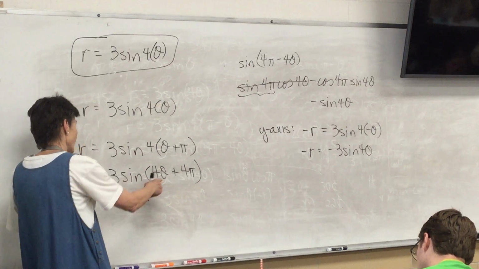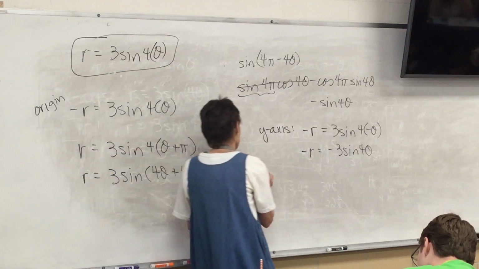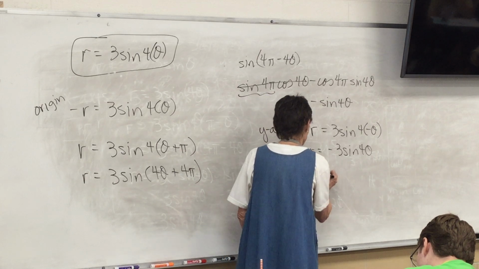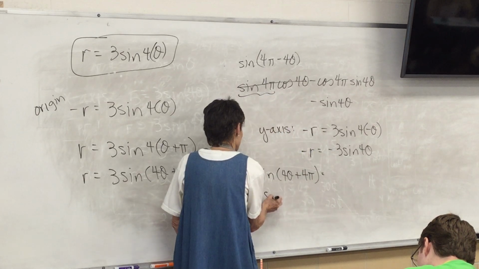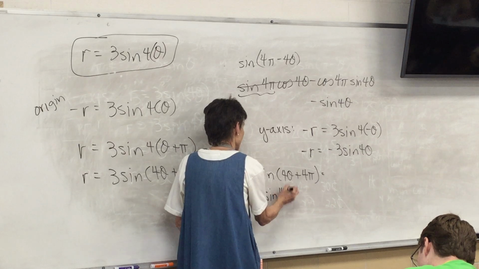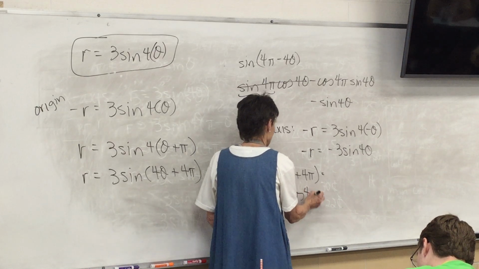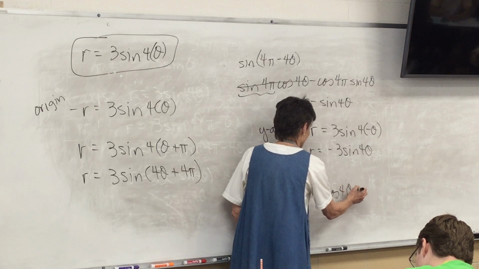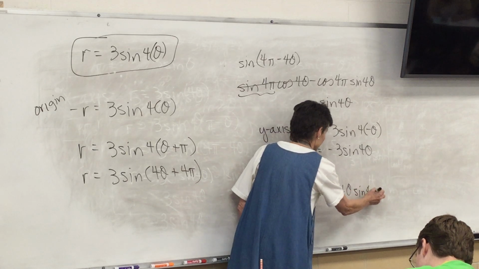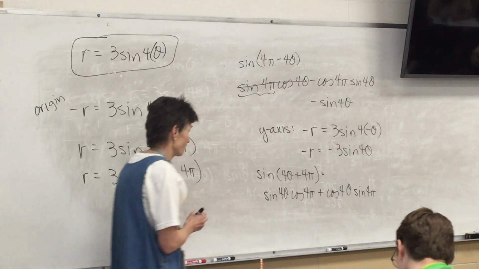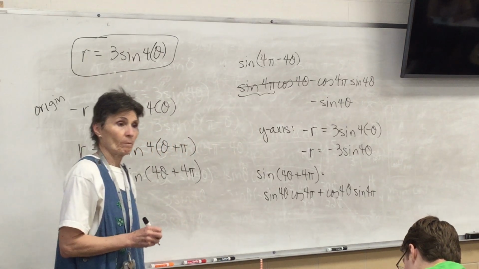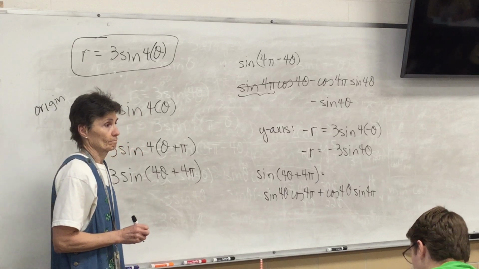All right, so here we go. I got to do that. Sine 4 theta plus 4 pi. Off my colored sheet, sine of the first, cosine of the second, plus cosine of the first, sine of the second. So again, where's 4 pi? 0. Yep.